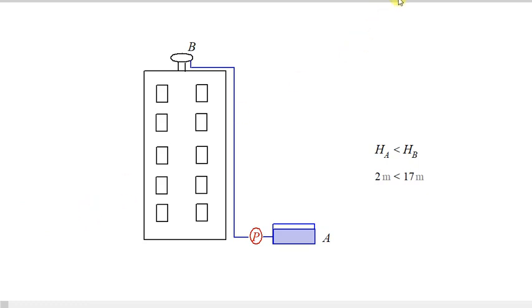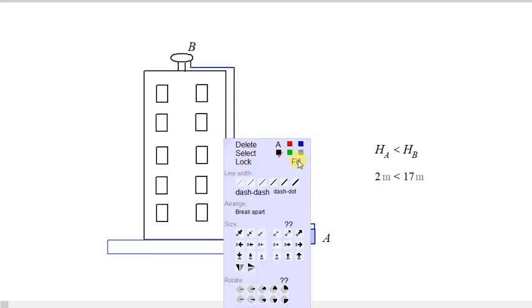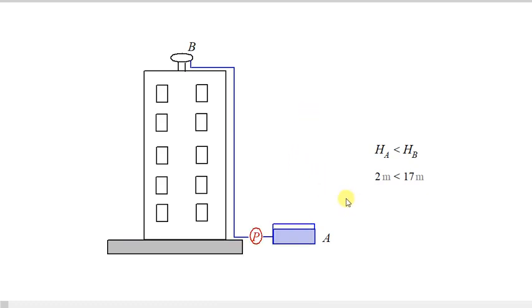Another usage of pumps is normally, yes, another usage of the pump is to use a pump there. I just make this one small, like this. For what reason?